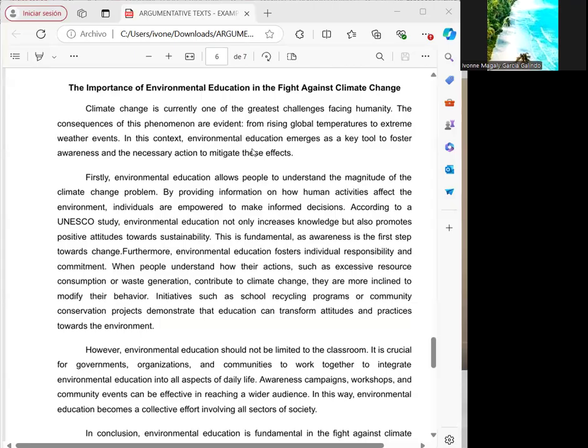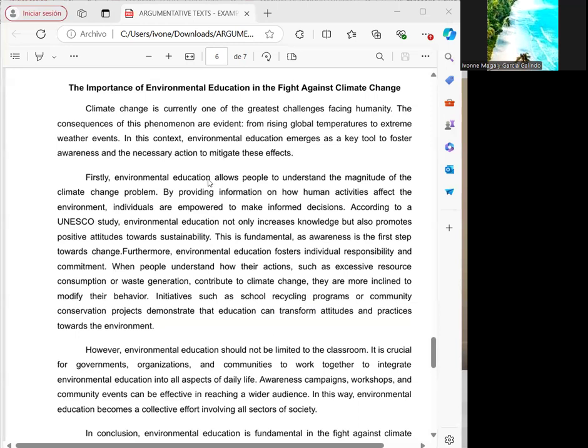And she also says that environmental education emerges as a key tool to foster awareness. But this is expository. This is an expository test.